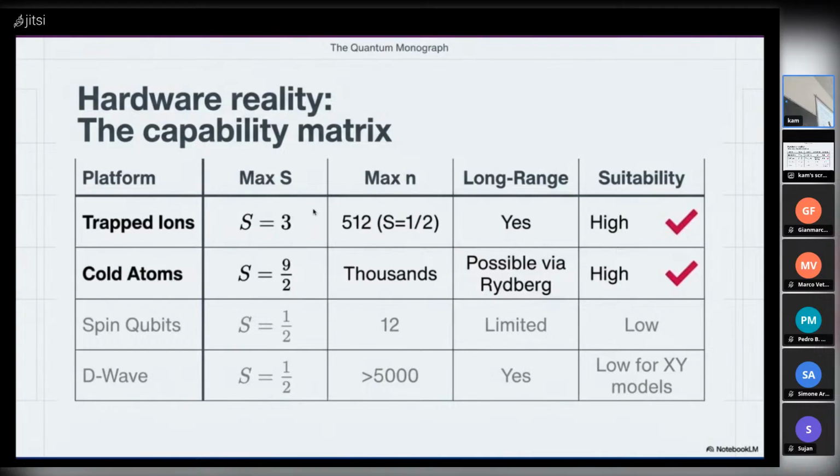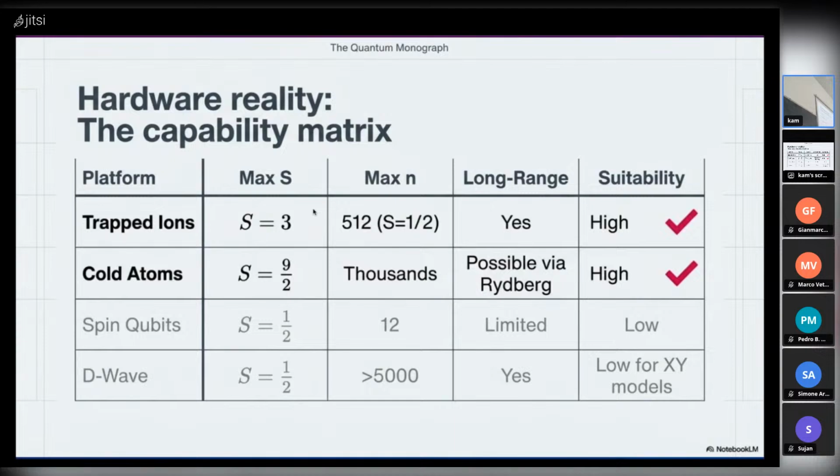So these two are more doable, but still you see the maximal S here, S equal to 3, S equal to 9 over 3, still not equal to 6. And for spin qubits, even worse, they can only do spin half, and the maximal number of n is 12, so forget about these two.